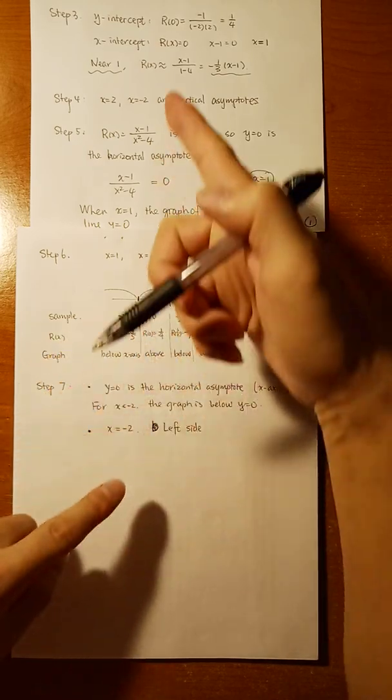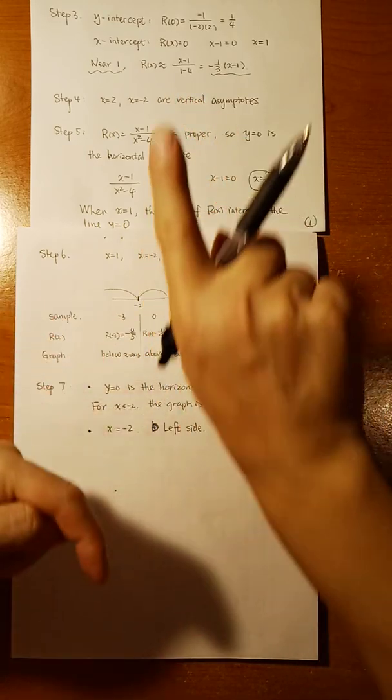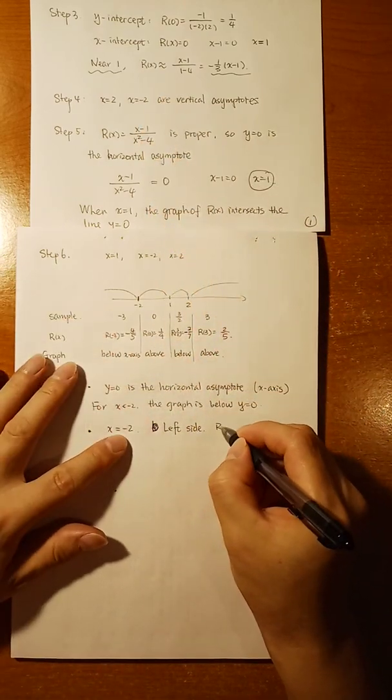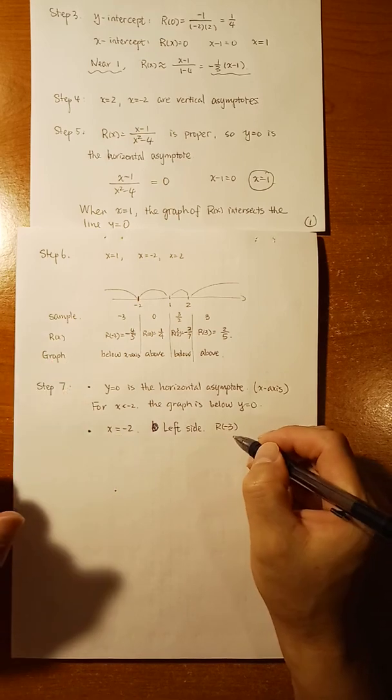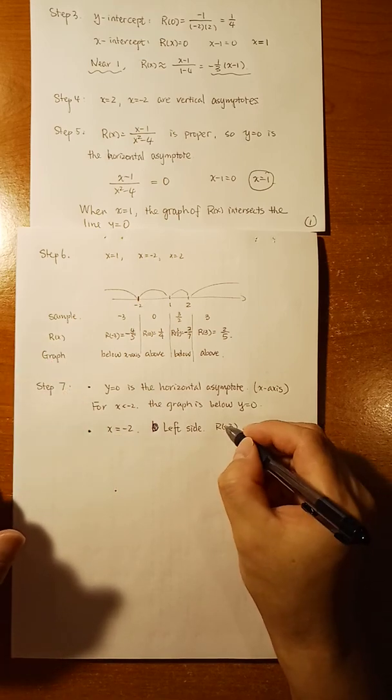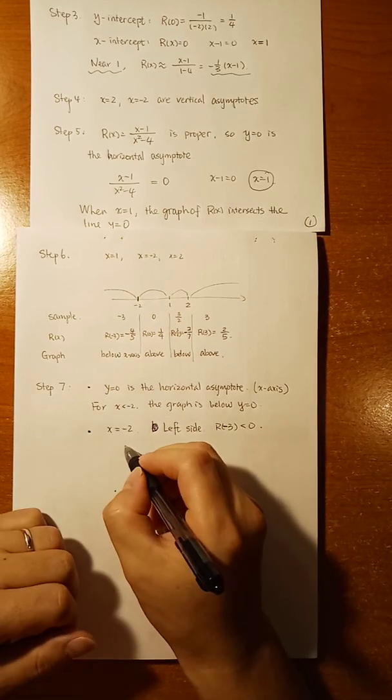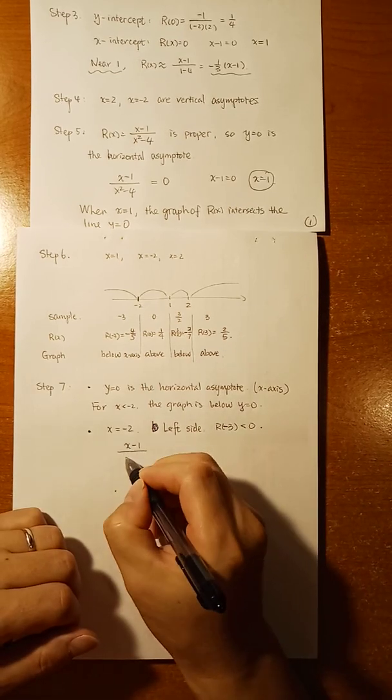The right side will approach the positive part. So it's like this way. Okay? So left side, R of -3 is negative.